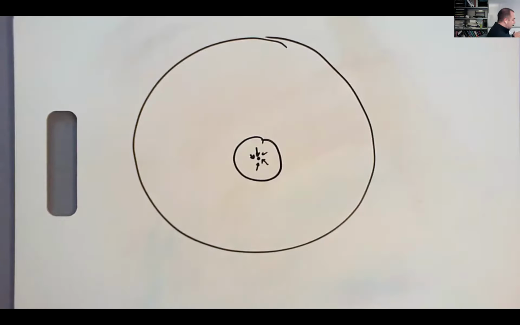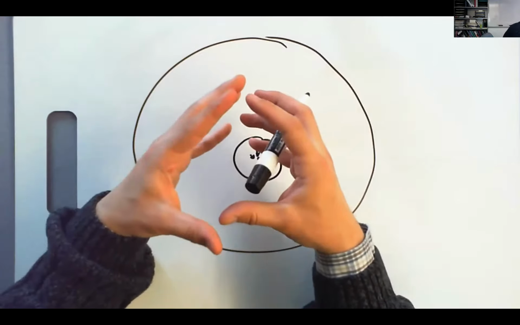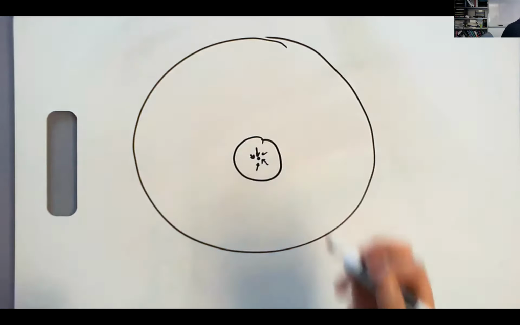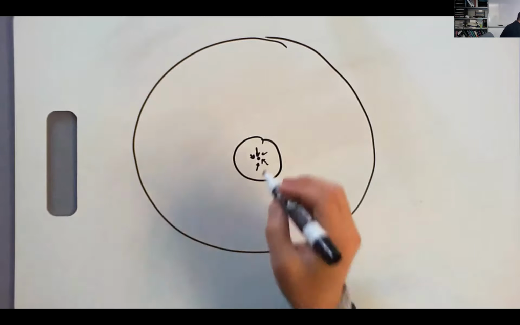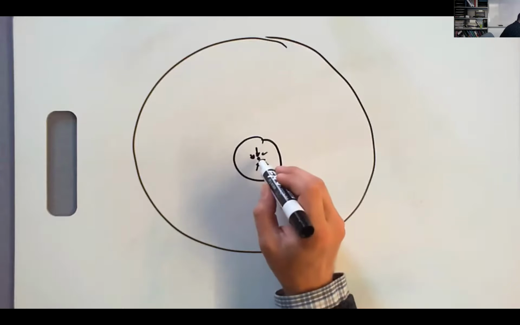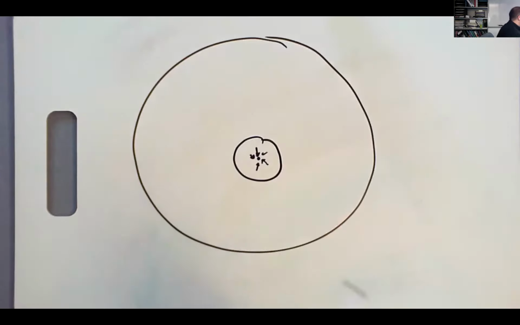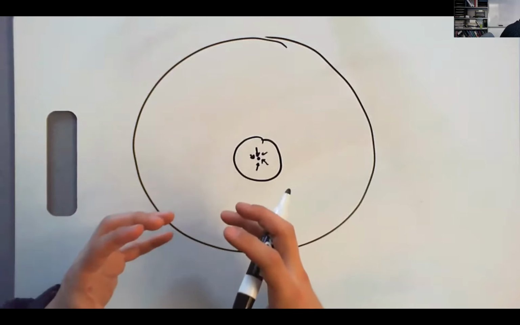It no longer has as much outward force of pressure, and so the entire interior of the star is going to contract a bit. And interestingly, the central region is going to get actually hotter and denser, ironically. After it runs out of hydrogen, the center is going to get hotter, it's going to get denser, and as that material contracts, it's going to get hotter.